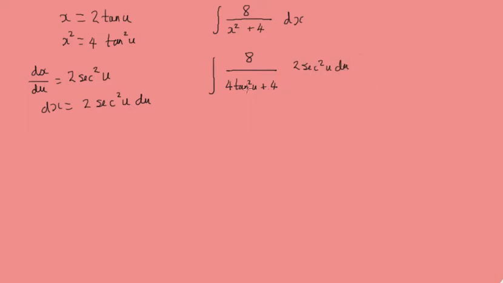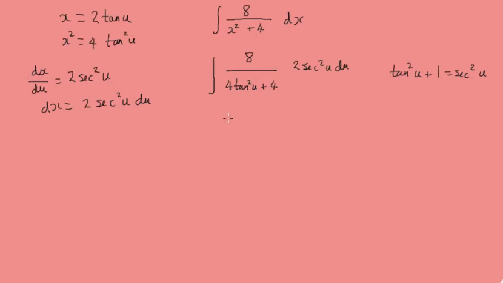Now if we remember, tan squared u plus 1 equals sec squared u. So when you're using trigonometric identities, always have in your mind the different toolkit that you have, all these different identities that you can pull on and do substitutions with to make things easier.